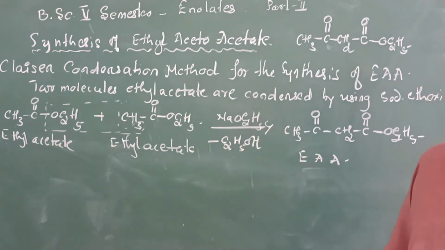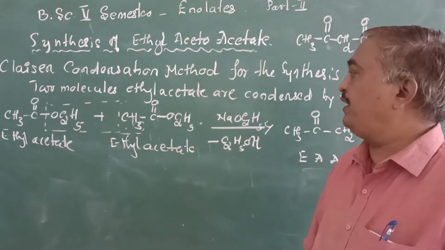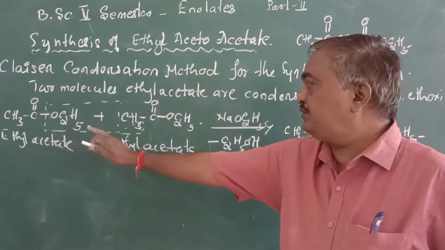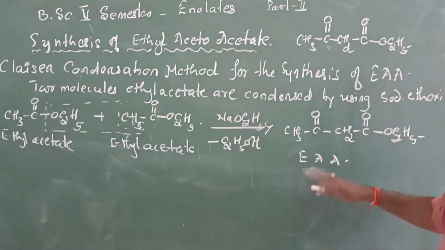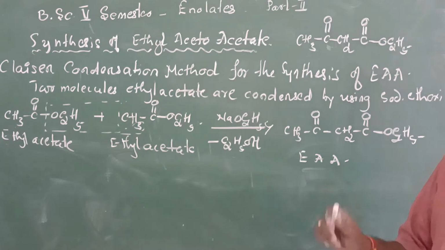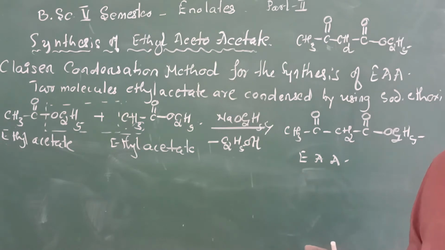This OC2H5- will react with one molecule of ethyl acetate to form an anion, and that anion will react with the second molecule of ethyl acetate, forming a diester anion.